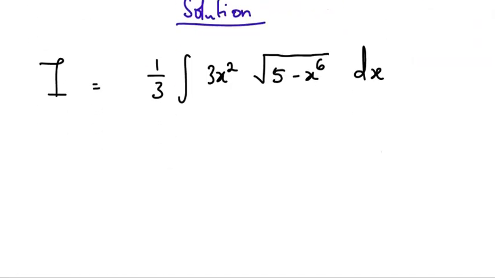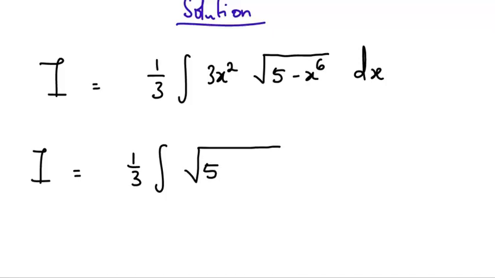So let's see the outcome. Here I is equal to 1 over 3 multiplied by the integral of the square root of 5 minus, this is the same as x cubed whole squared, right? And don't forget we have 3x squared attached to the dx.